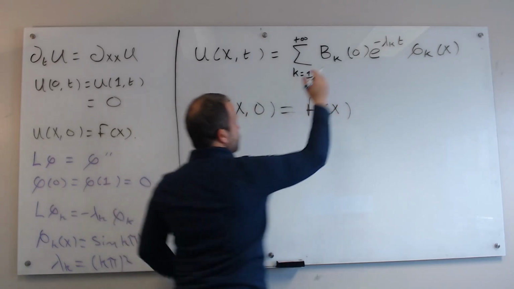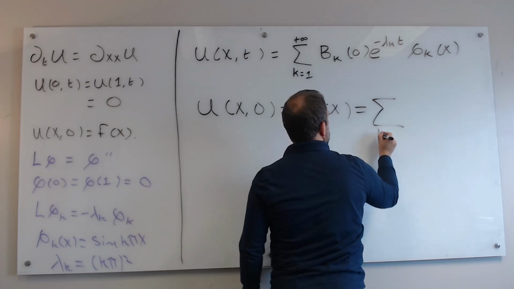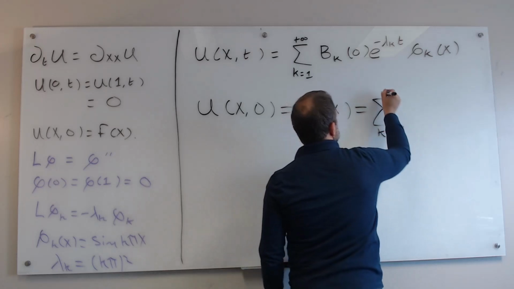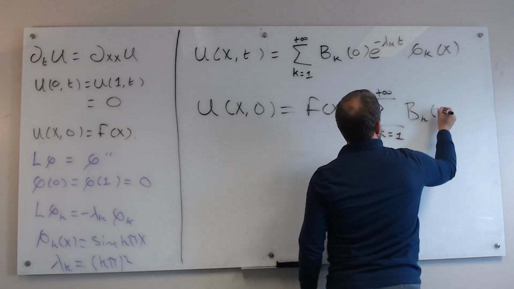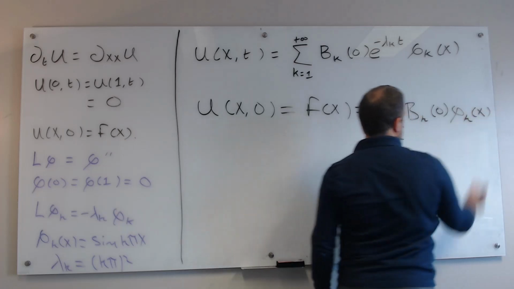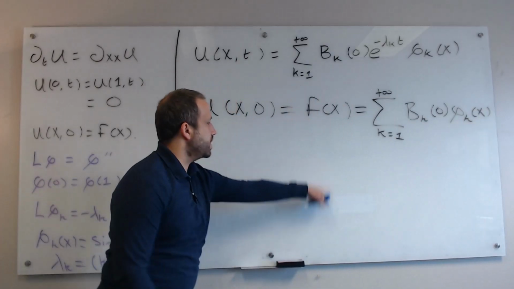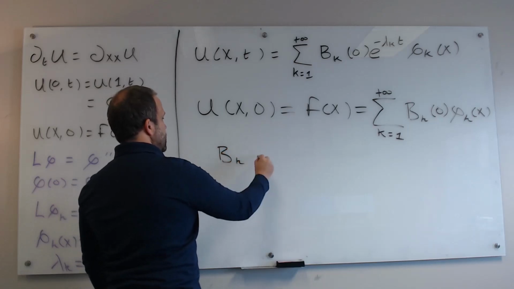And on the other hand, if I plug in t equals 0 over here, I'm going to have the sum k equals 1 to infinity of bk of 0 phi k of x.